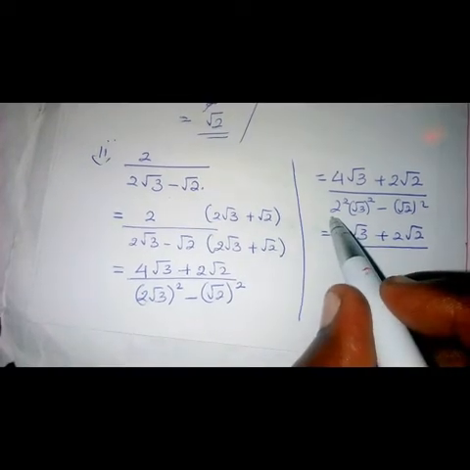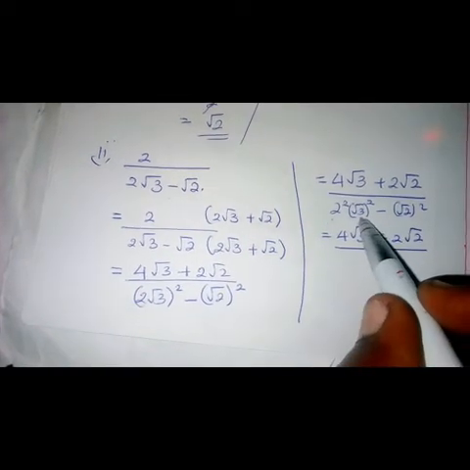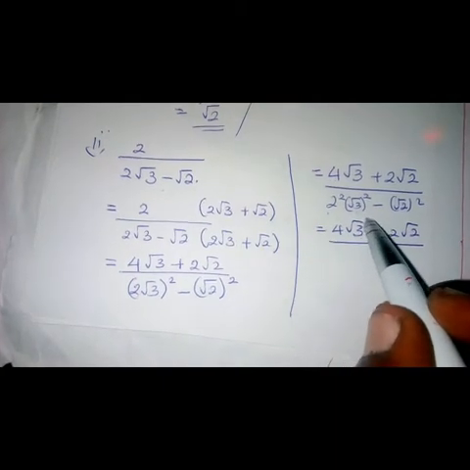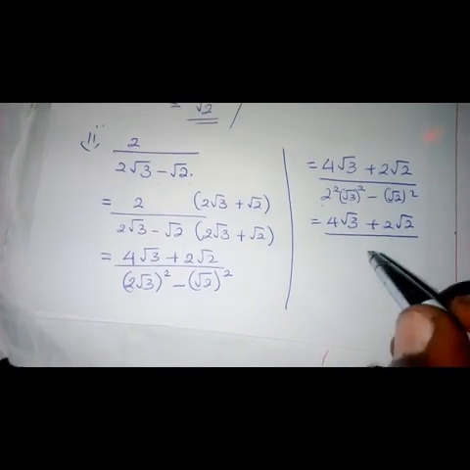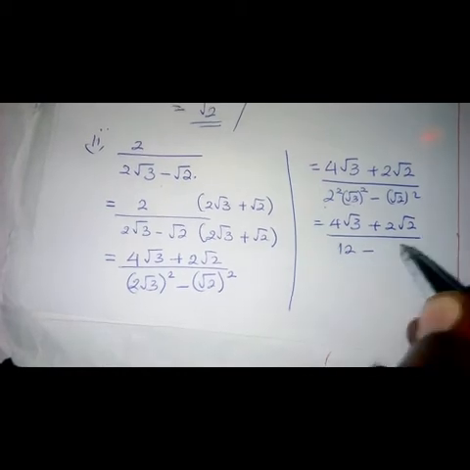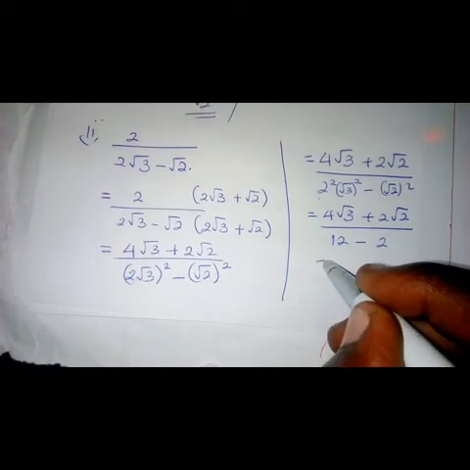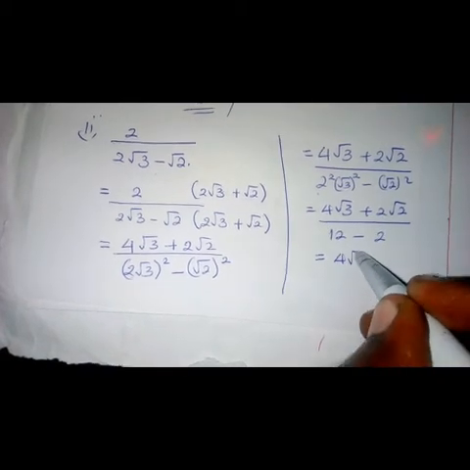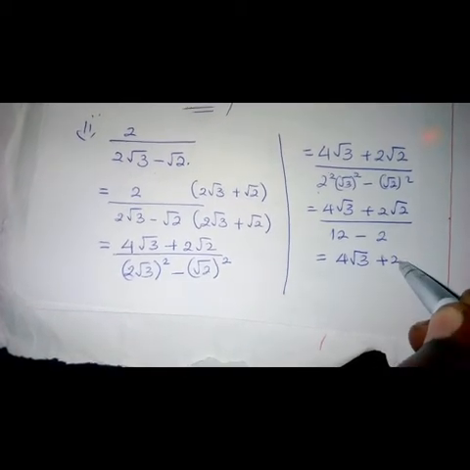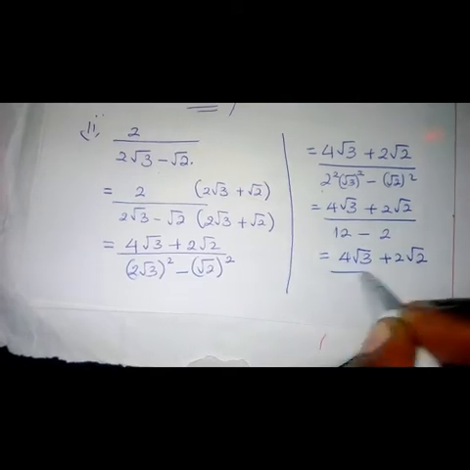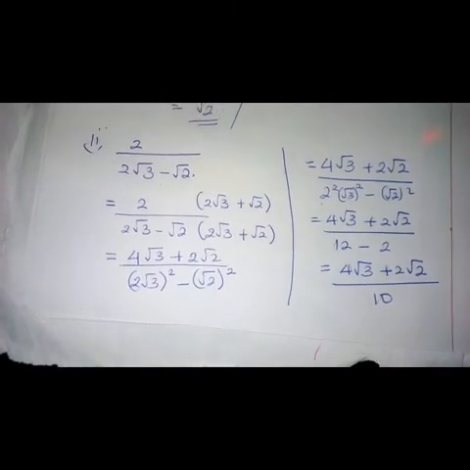This gives you 4, this gives you 3. So we shall have 4 times 3, which is 12, minus root 2 squared gives you a 2. So we shall have 4 root 3 plus 2 root 2 out of 10.